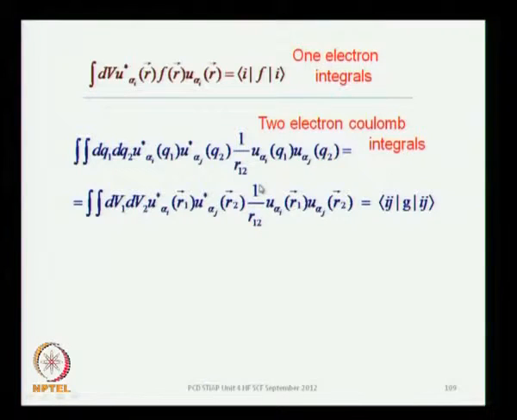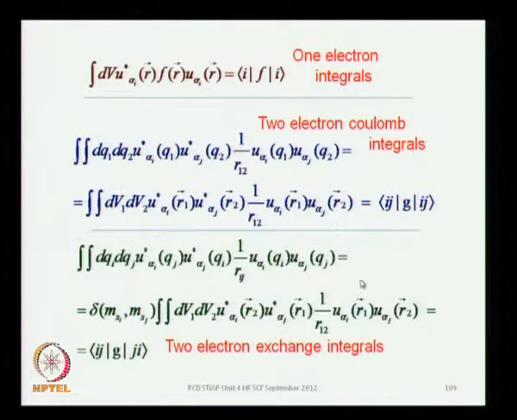We have spent considerable time discussing this. So, we have the Coulomb integral, which is <ij|g|ij>, and then we have the 2 electron exchange integral, which is <ij|g|ji>. That is the notation. This will remind us that this is an exchange integral. These 3 terms appear in the equation that we got.